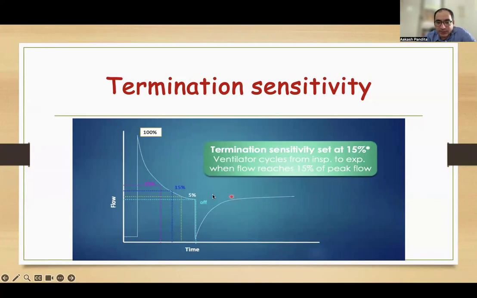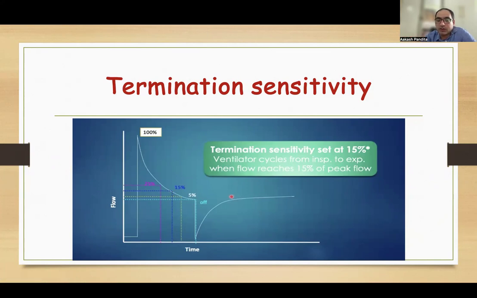Usually the termination sensitivity is set at 5 to 25%. This again can be seen in the flow time graphics, that is the scalar which we discussed earlier. Suppose my peak inspiratory flow rate is 10 and I have set a termination sensitivity of 15%. As soon as the flow comes to 15% of 10 liters, that is 1.5 liters, the cycling will start, that is, the expiration will start.